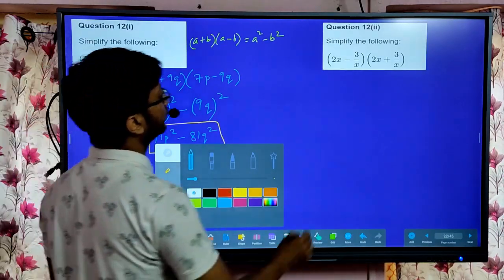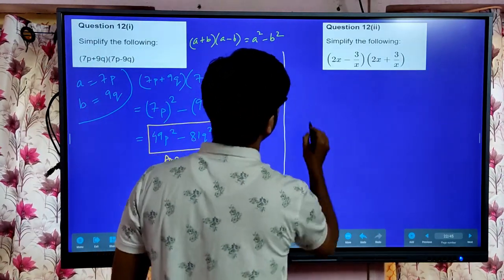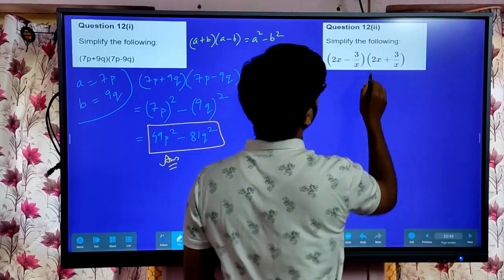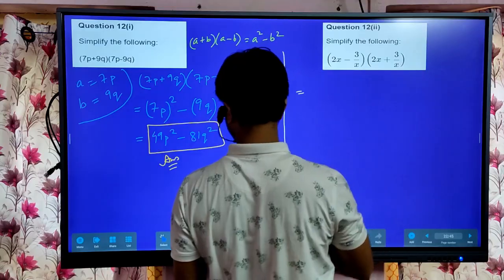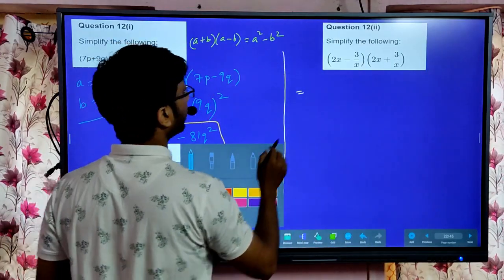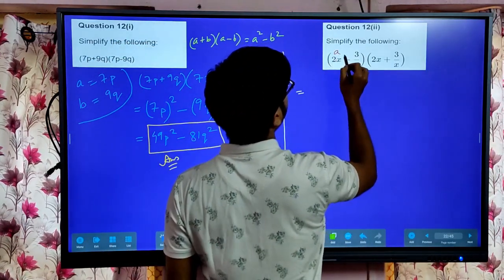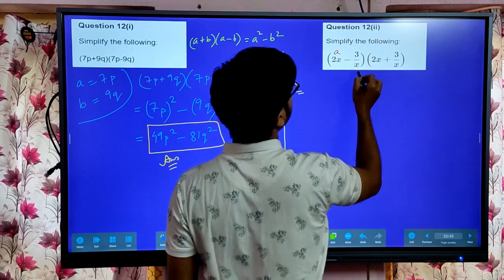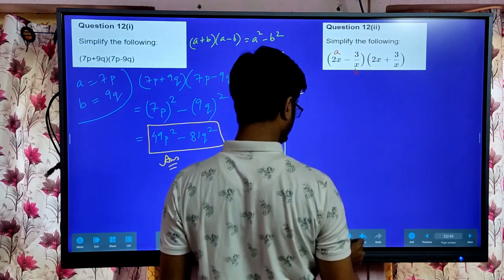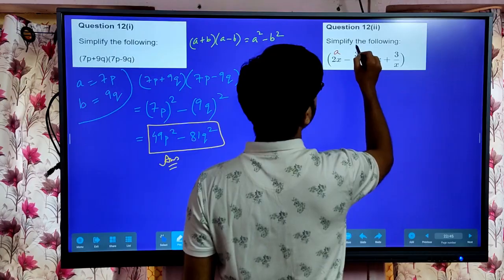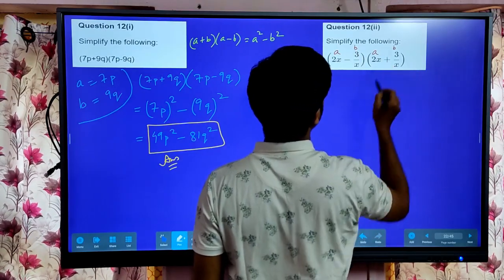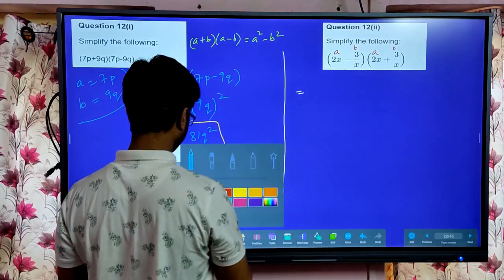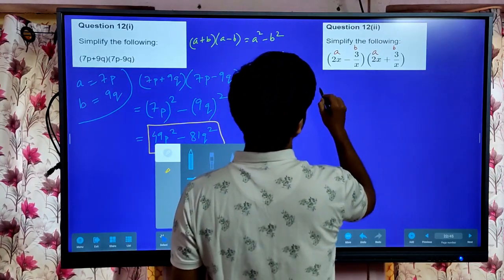Same thing is there. It is 2x minus 3yx, 2x plus 3yx. So your 2x is basically a, and 3x is your b. Okay. So let's move on to the problem. It will be a square minus b square.